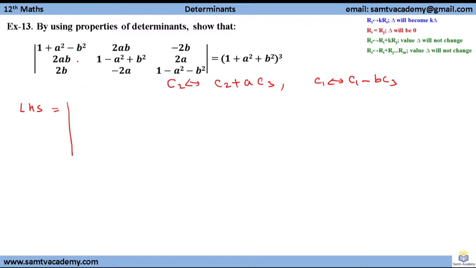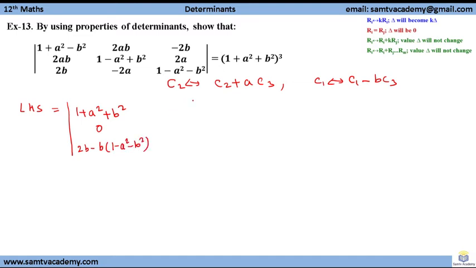This one is getting minus, so here it will become plus, and multiplying B, this will become 1 plus A square plus B square. Here, multiplying B and subtracting, we will get 0. Similarly in the last step we will get 2B minus B times (1 minus A square minus B square). Now in the second column we also apply the step plus A C3. Here we will get 0, this will become 1 plus A square plus B square, and then minus 2A plus A times (1 minus A square minus B square).